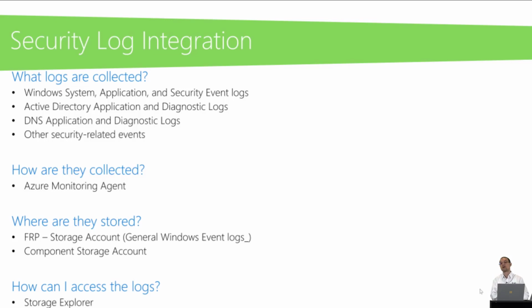So every resource provider has its own storage account. In a production environment, you will have a dedicated storage account for Fabric. This will be a storage account that hosts all your diagnostic logs, alerts, and everything related to that. And how can you access those logs? You can use the very famous Microsoft Storage Explorer tool. If you are familiar with Storage Explorer, it's a tool that you can download for free from Azure and connect to any storage account, either in Azure Stack or public Azure.